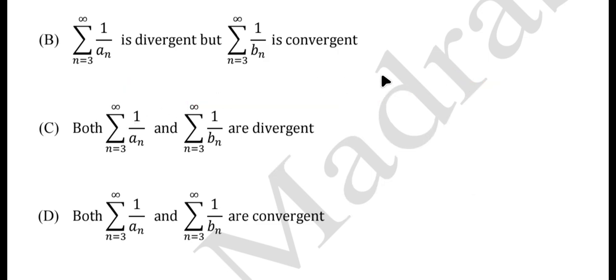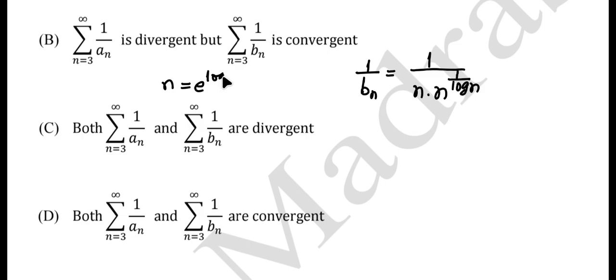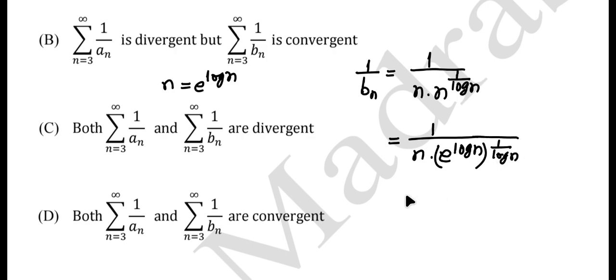For the second one, okay, this relation: n equals e to the power log n, and for this n I write this thing, okay. So the next step will be, there is also a power 1 by log, and this is a power, okay, remember that.